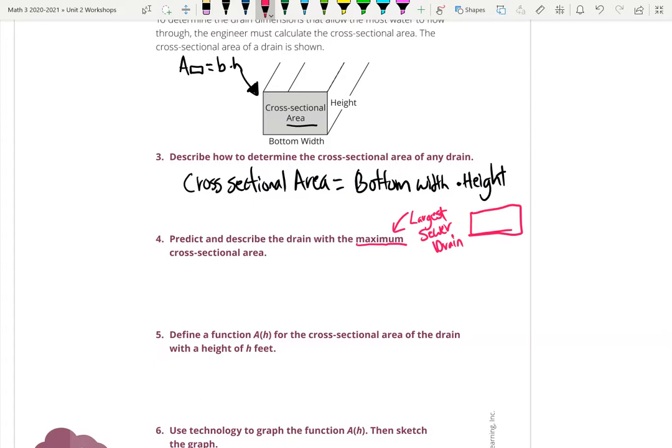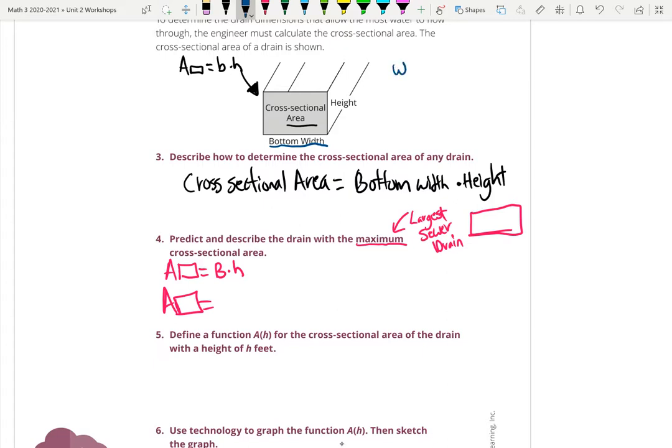Well, we're going to have to take the height times the bottom width, right? The area of my cross section is equal to base times height. The area of my rectangle is equal to the base, which is the bottom width, so the bottom width times height. Wasn't there a way I figured out how to find the bottom width?